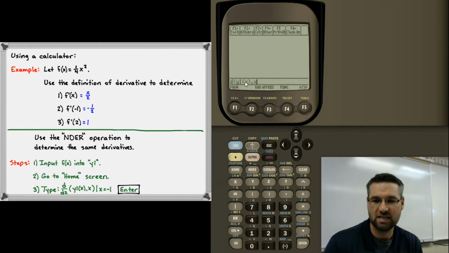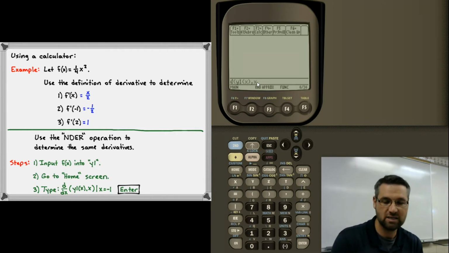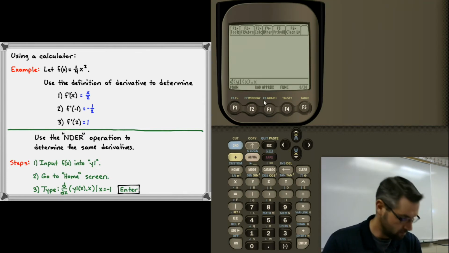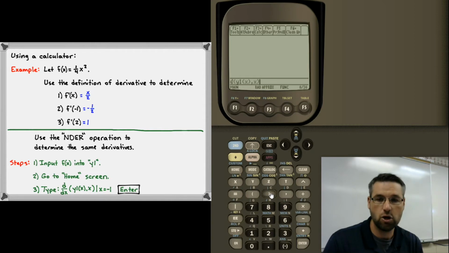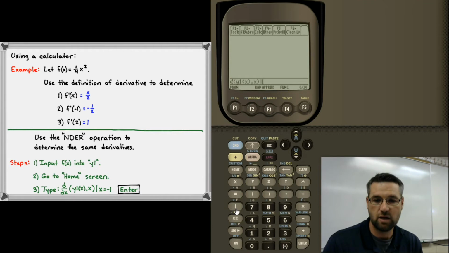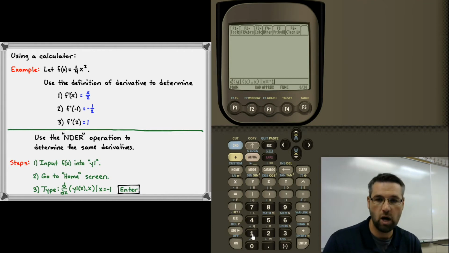The parentheses x says we're looking at that function in terms of x. Then the comma x tells us we're taking the derivative in terms of x. And later on we're going to talk about taking derivatives in terms of other variables. But in this case it's in terms of x. Then you're going to go ahead and close the parentheses, and then you're going to put the evaluate button, when x equals -1. Okay?